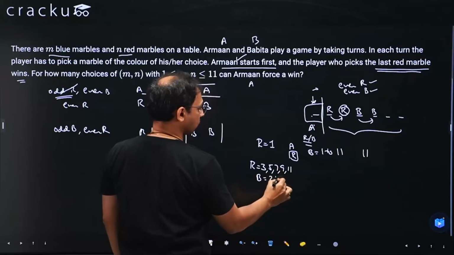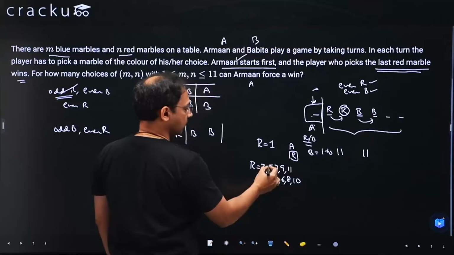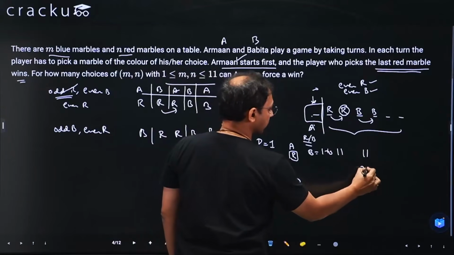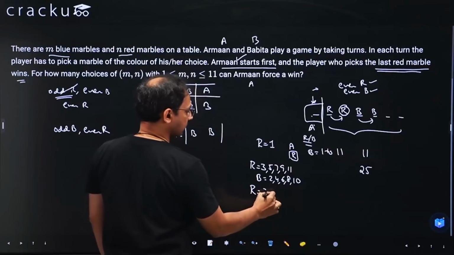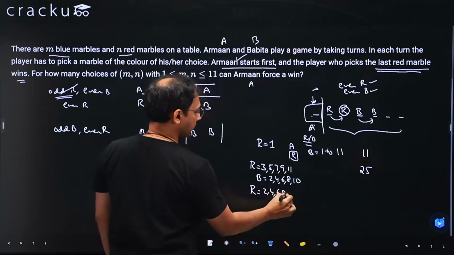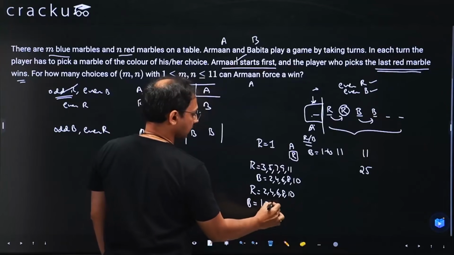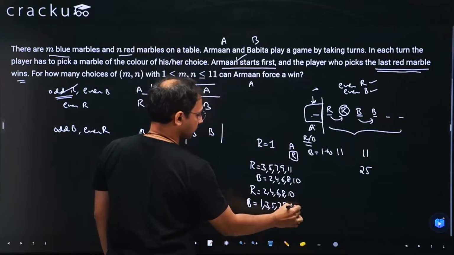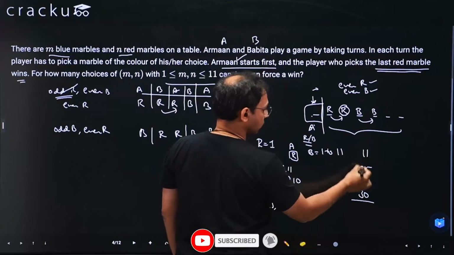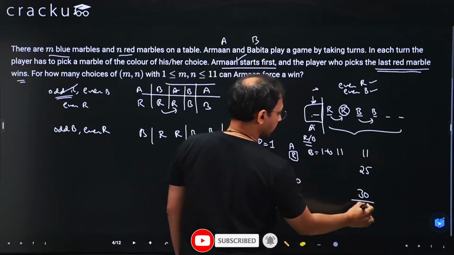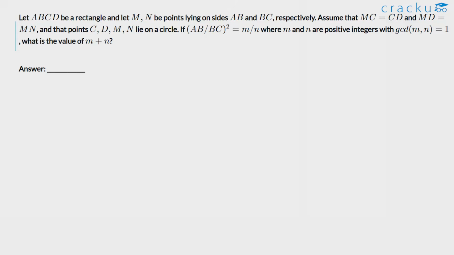So we have 2, 4, 6, 8 and 10. So we have 5 into 5, 25 possibilities. If R is even, 2, 4, 6, 8, 10, blue can be any odd number, 1, 3, 5, 7, 9, 11. This is 5 into 6, 30 cases. So in total we have 55 plus 11, 66 cases. So that is the answer.